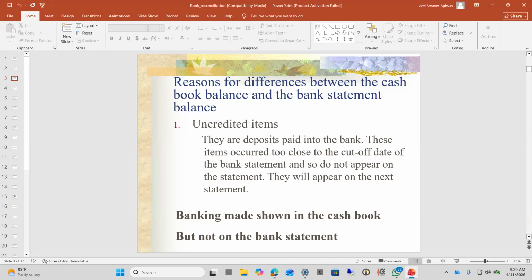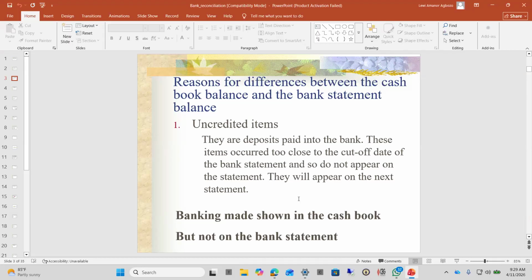So let's say it is 31st March, and that day, 31st March, you send those checks to the bank. Your customers came to pay you plenty of checks, and then you send those checks to the bank on 31st.